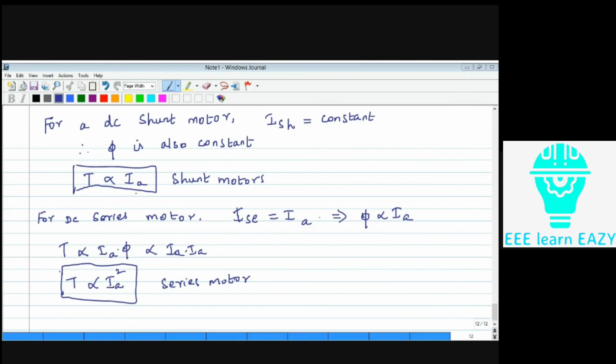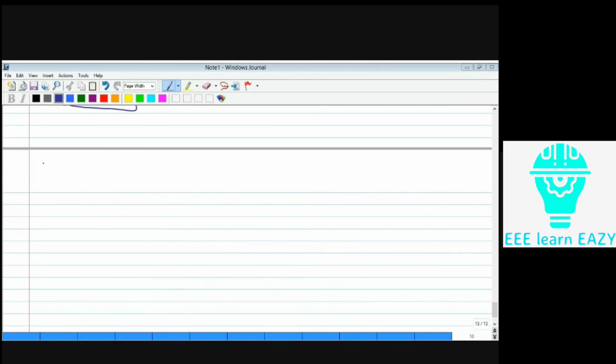Similarly, we need to know the speed equations. For knowing the speed equations, we can make use of EB. So what is EB? EB is equal to phi P N Z divided by 60A.